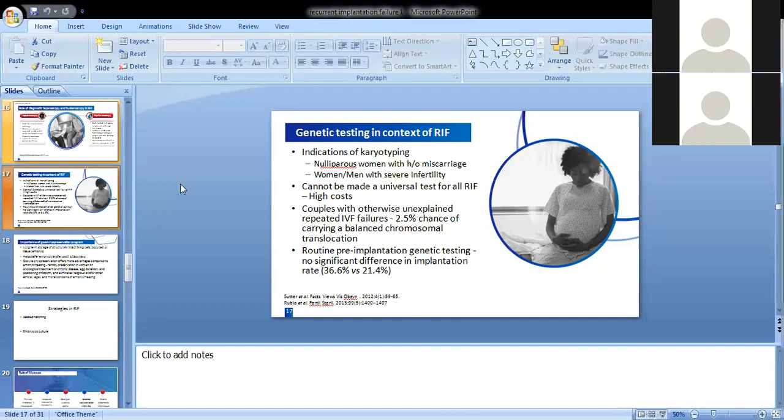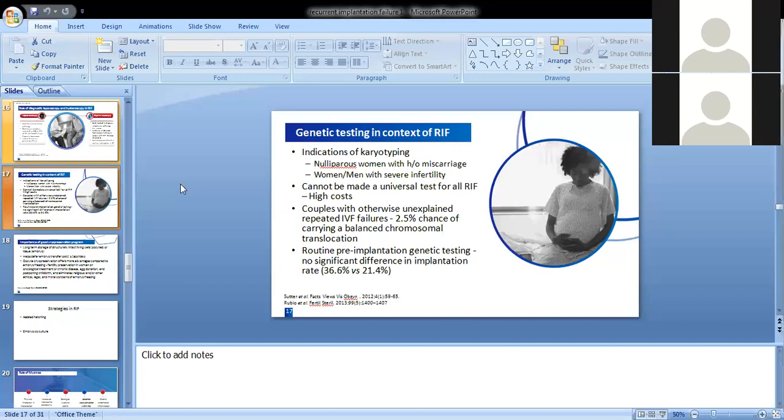There has been a difference of opinion, but mostly there has not been much significant difference in implantation rate, because you have to understand one thing, that you cannot say pre-implantation genetic testing will improve pregnancy. What it can help with is, in patients who have more chance of aneuploidy, like an older age patient more than 35, before their embryo transfer, you can select the embryo by PGS.